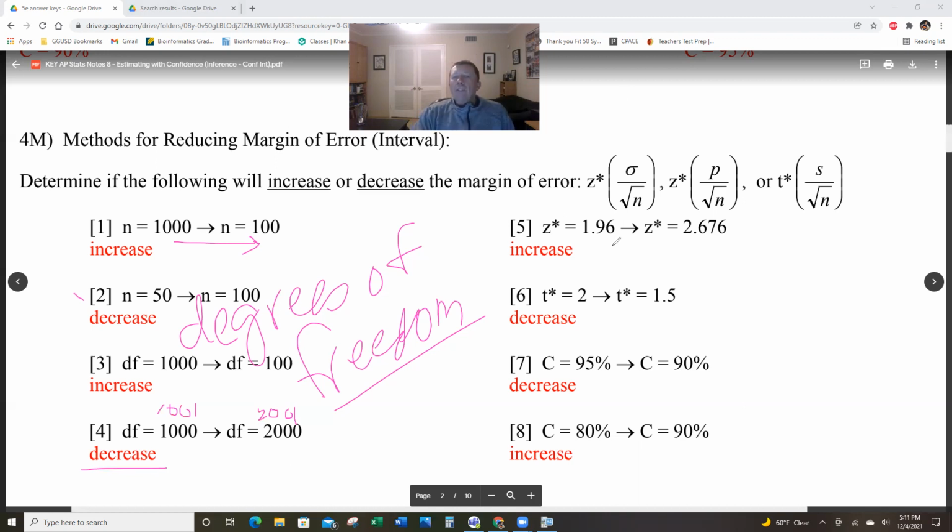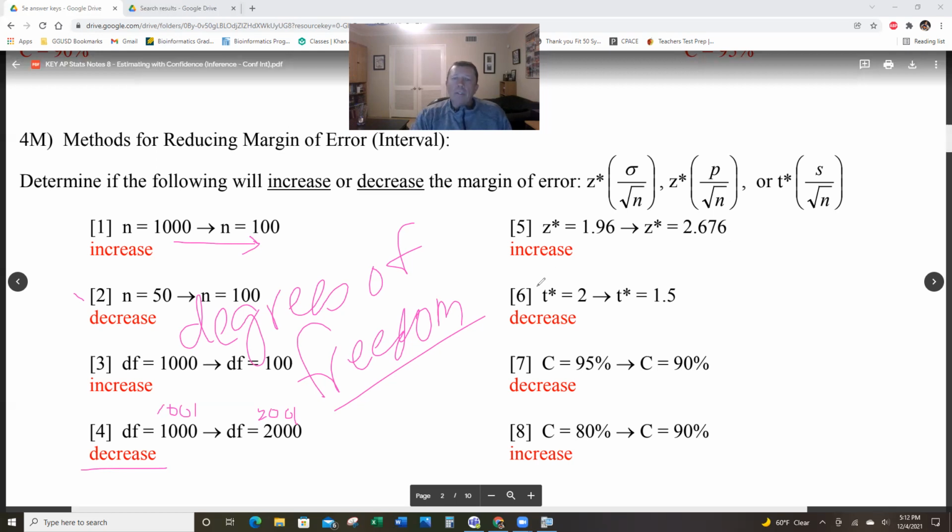Now, if your Z star is 95% and you're going at 1.96, if you make Z star bigger, you're going to increase the interval. That makes total sense, right? It's a bigger number being multiplied. Okay. So if you want 1.96 standard deviations away from the estimate, and you increase that to 2.676 standard deviations away from the estimate, clearly you're going to increase the interval.